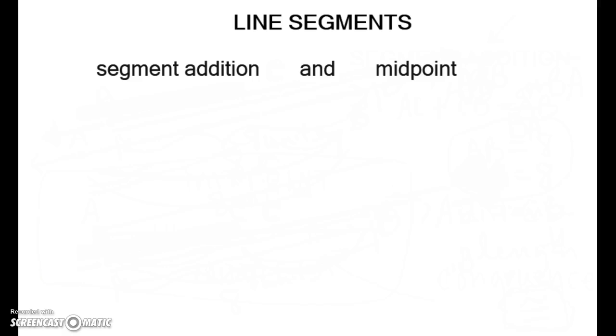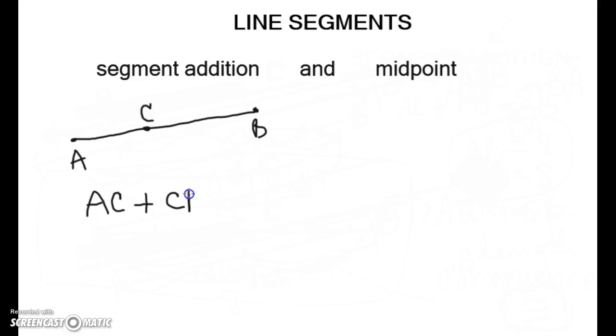Okay, so let's recap what we've done. When you are talking about line segments, there are two mathematical things that could happen. One is you could break a line segment into two pieces. So here's a line segment, and we'll just call it line segment AB. If a third point occurs, C, and it's simply between the end points A and B, you can add the two smaller pieces, A to C, plus the C to B length.